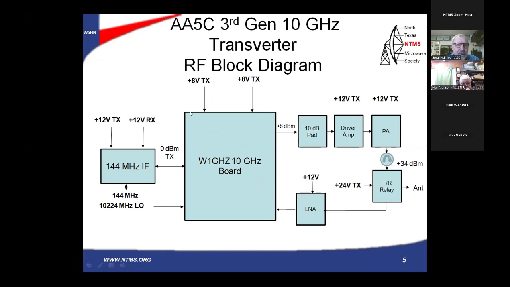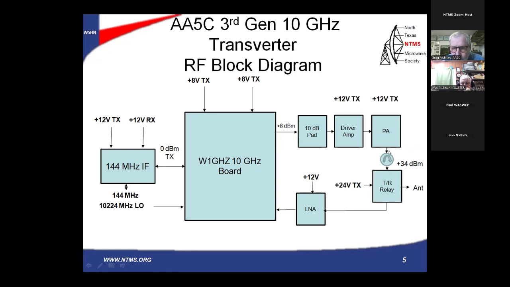Okay, the block diagram from the RF perspective, 2-meter IF over on the left. It's bidirectional, so I have relay switching in the 2-meter IF board, then the W1GHz board, and on the transmit side it puts out plus 8 dBm. I pad that, use a driver amp and then a PA.